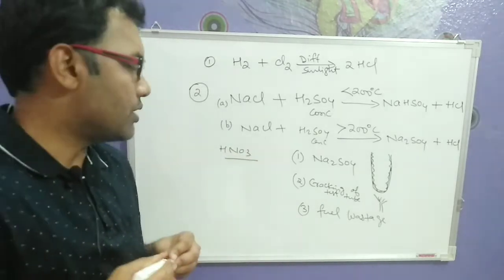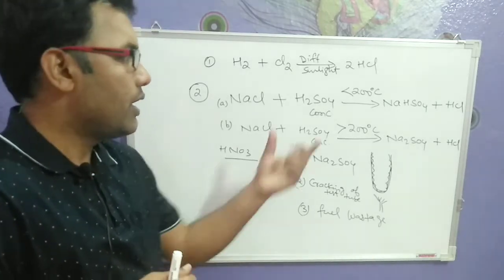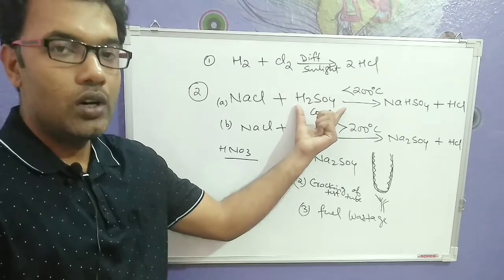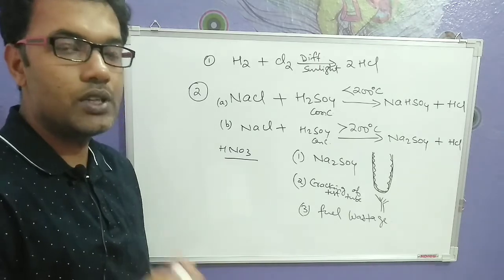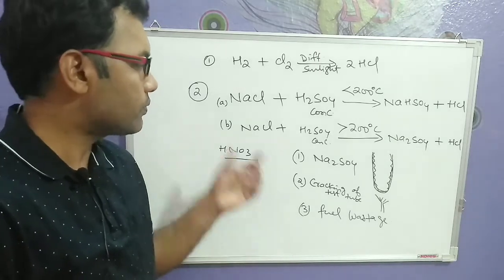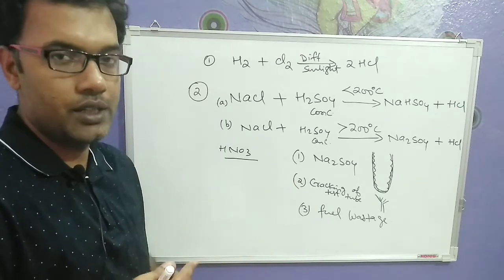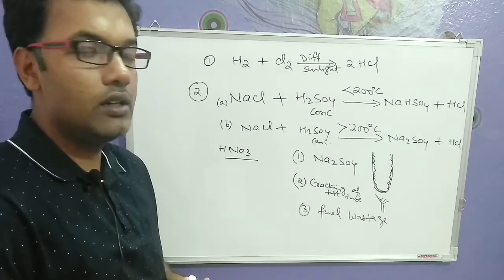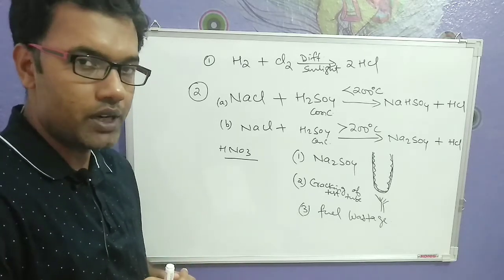The reason behind this is, in class 9 you have studied that concentrated sulfuric acid is a non-volatile acid and HNO3 is a volatile acid. Now what is volatile and non-volatile? Volatile acids are those acids which, if you provide heat, will start evaporating, and non-volatile acids are those acids which on giving heat do not vaporize.